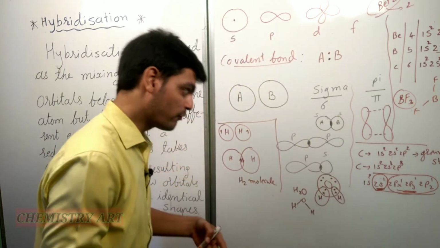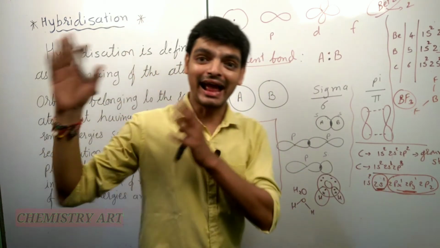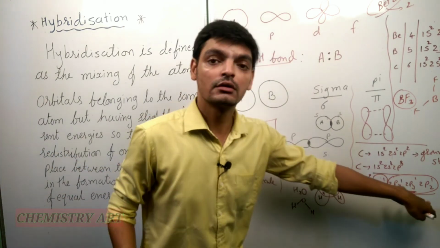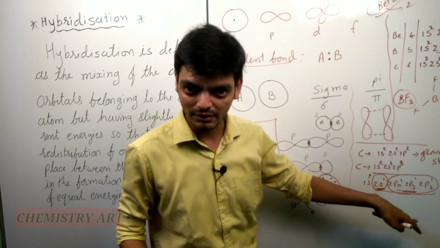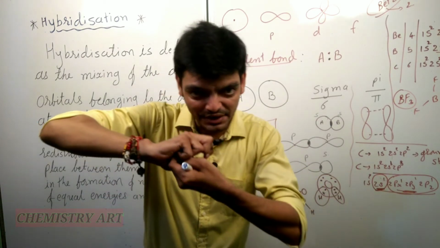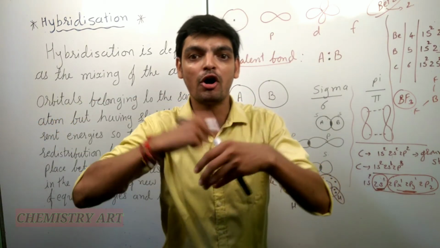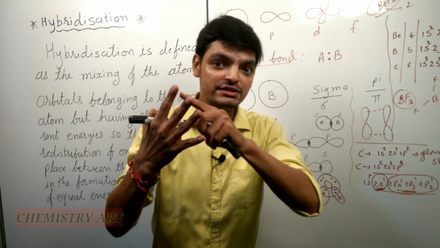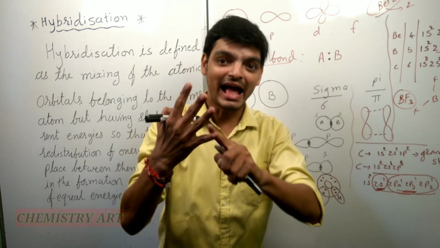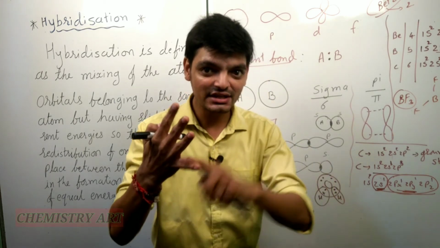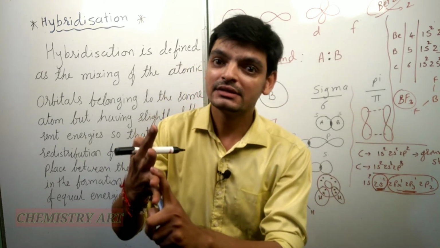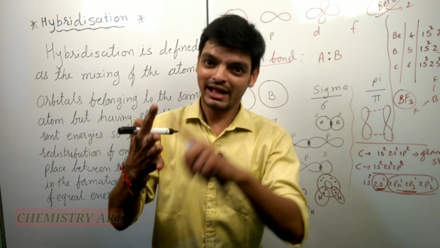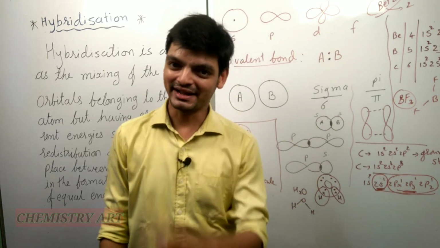So before forming a bond with another atom, these 4 orbitals of the carbon will intermix and they will form 4 new orbitals which will have the same energy, same shape and same size. Okay, and that is called hybridization.